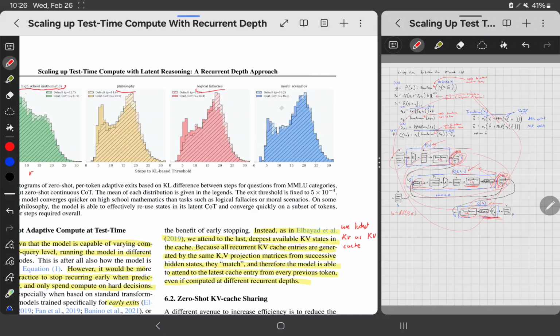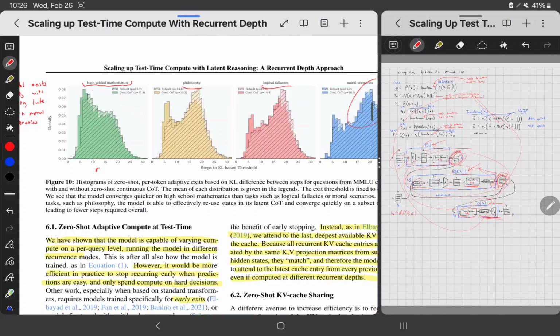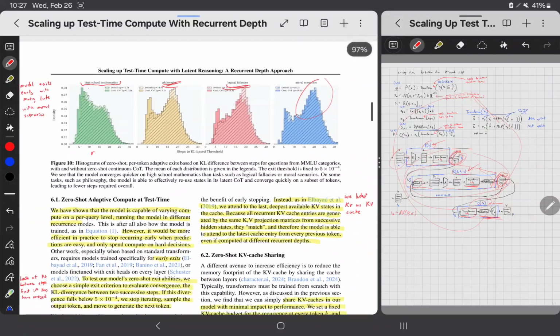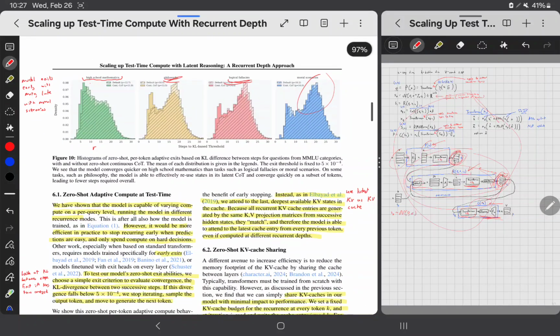It's more left skewed, and you have the large mass on the right side, so it has to think more, I guess, if you want to call it that. It does more iterations, meaning that the hidden state converges a lot slower for these more logical philosophy scenarios. So I don't know, does that say something about what it's doing? Maybe.